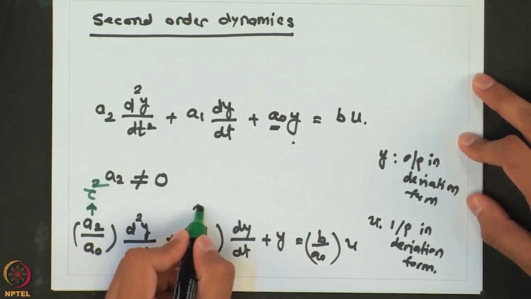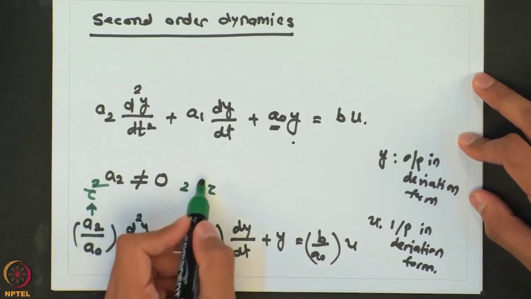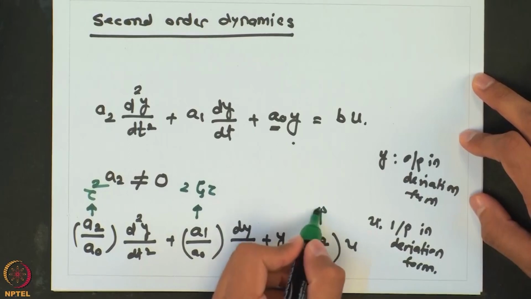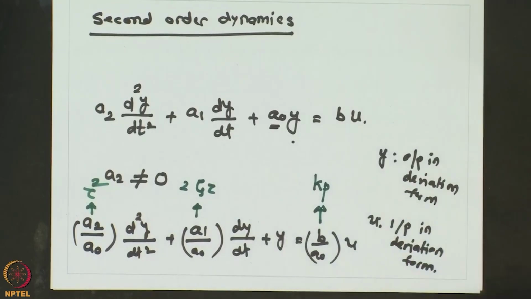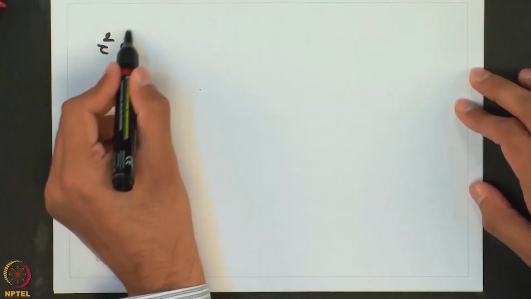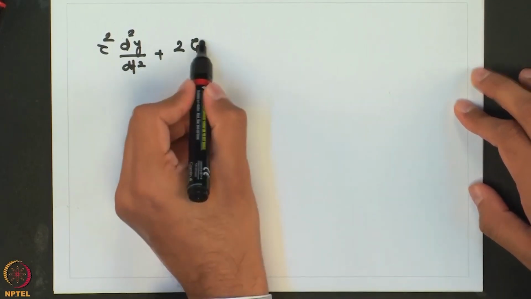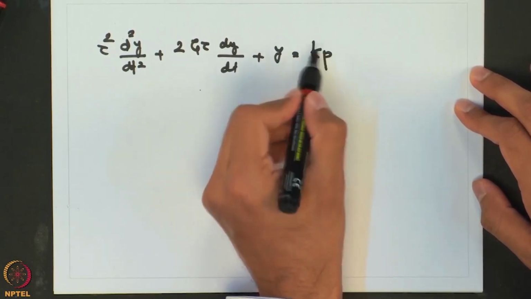This A1 over A0 will be represented as twice zeta tau. So the tau is the same as this, and we have a new variable zeta, which is known as the damping coefficient, and Kp is the same as the earlier nomenclature of gain. So a standard form of second order dynamical system, if we just write it down again, is tau square d2y by dt square plus twice zeta tau dy by dt plus y is equal to Kp times u.